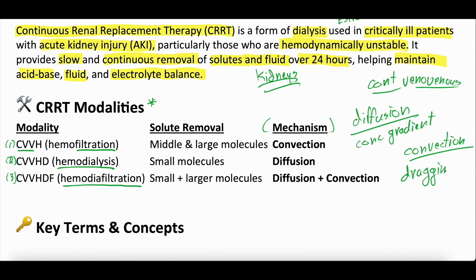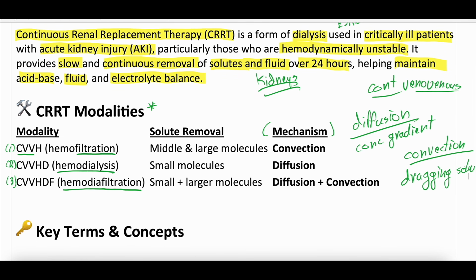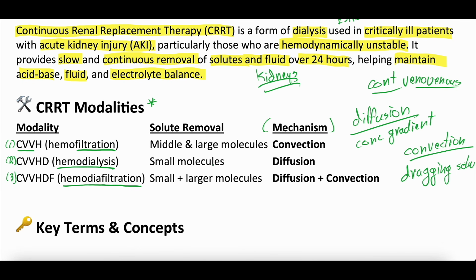So it's kind of solute drag. Again, we're going to be talking more about these, but all of these continuous renal replacement therapy modalities use either convection, diffusion, or a combination.